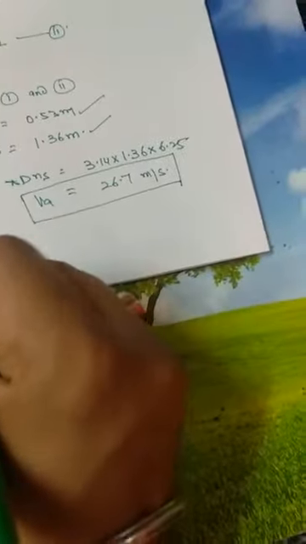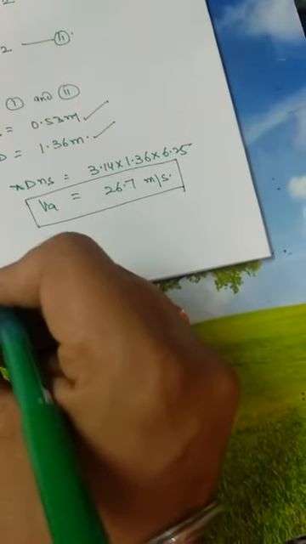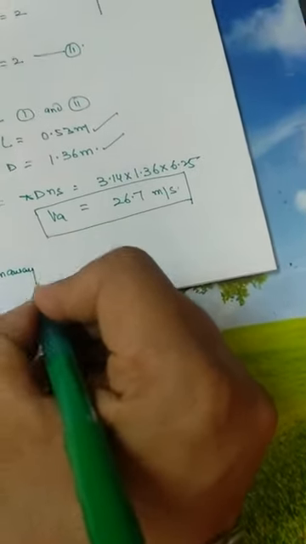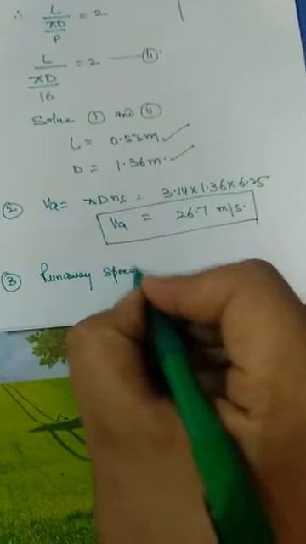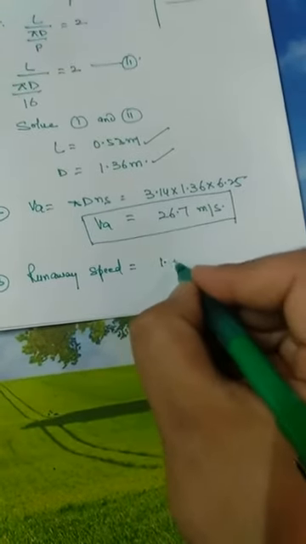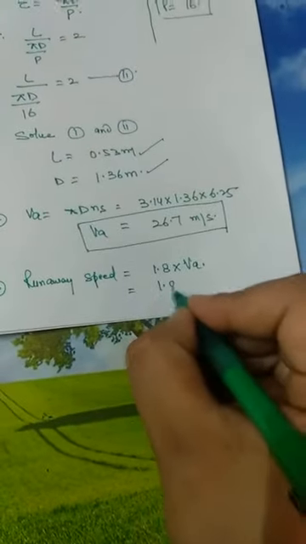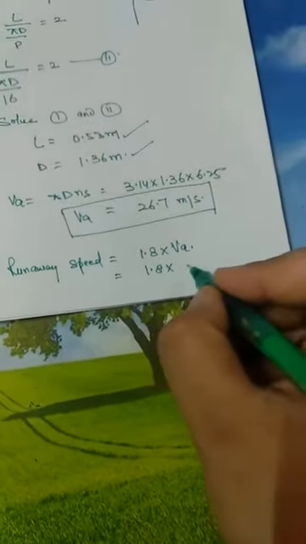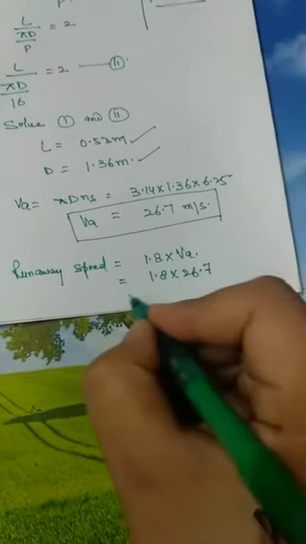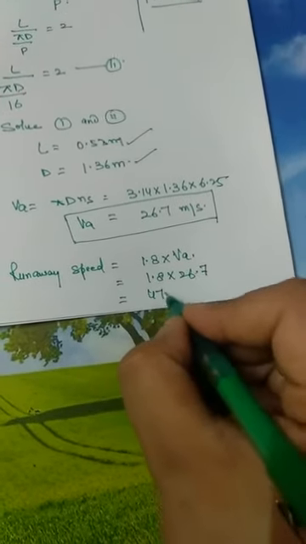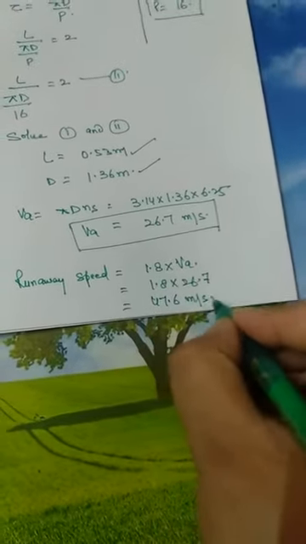Lastly, third step, we have to calculate the runaway speed, and the runaway speed equals 1.8 times the peripheral speed. That means 1.8 into 26.7, so it equals 47.6 meter per second.